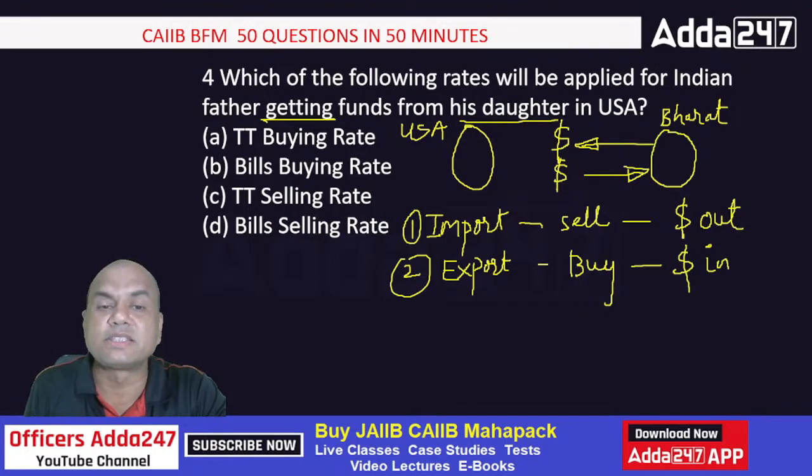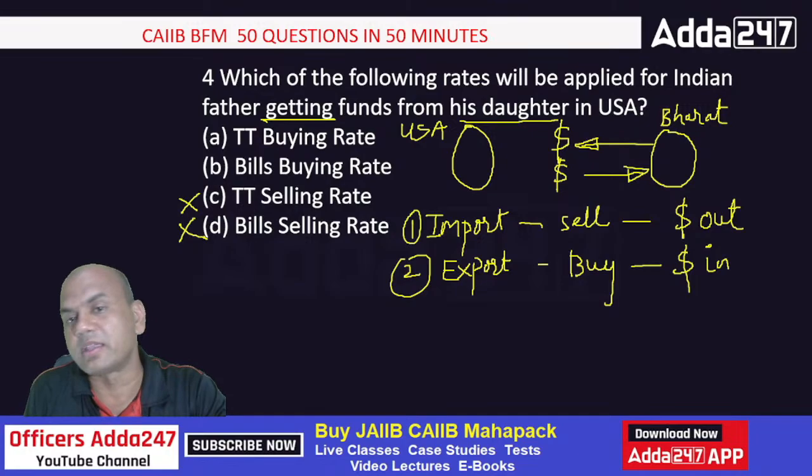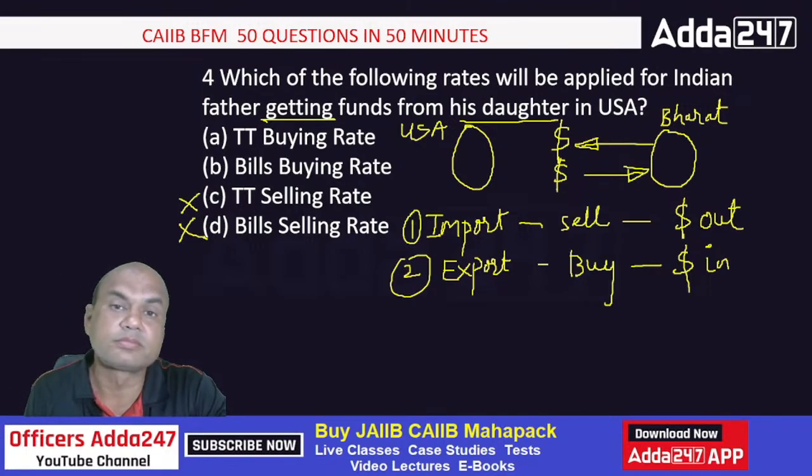So whenever dollars are in, I'll be using the buy rate. So the selling answers are out. Now only two things remain: TT buying or bill buying. Which one? Again confusion. See here. Whenever there is a risk involved, means future, I'll make it more simple.